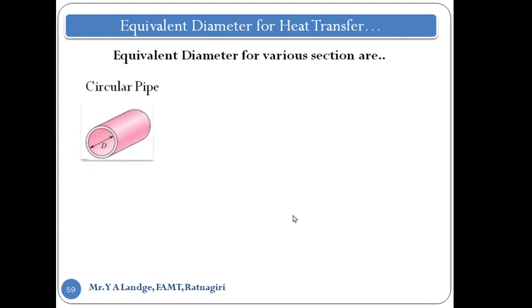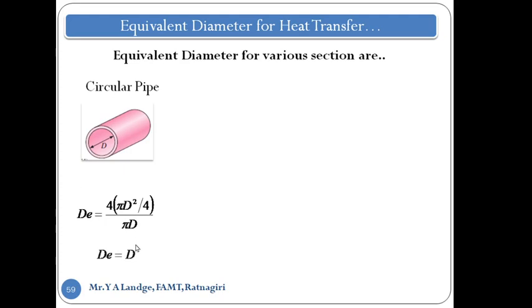So see, this is a circular tube pipe having the diameter D, and as per our formula, D equivalent is equal to 4 times the cross-sectional area upon the wetted perimeter. Now the cross-sectional area is pi by 4 D square, and pi D is the wetted perimeter.